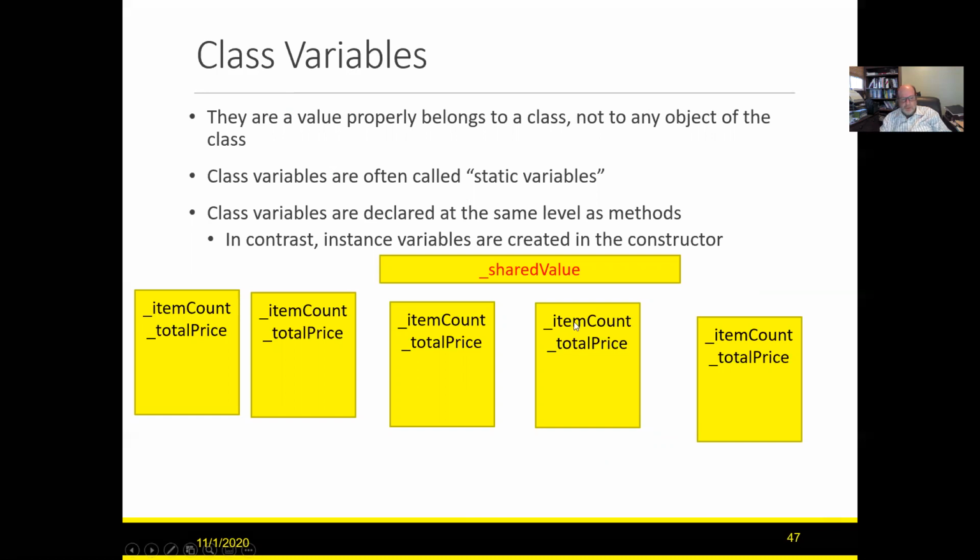For example, if you go to a grocery store and there are 10 cash registers, each one of them is going to have a different total, different number of items, different things. But then they would have a shared value that's going to be shared with everybody. That's called a class variable, or in generic, we call them a static variable.